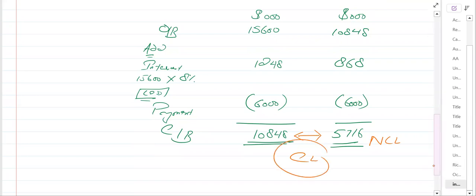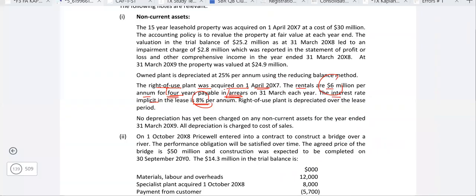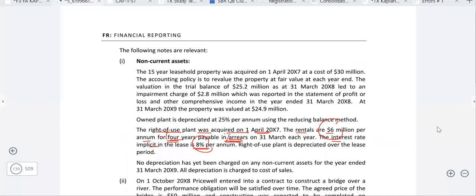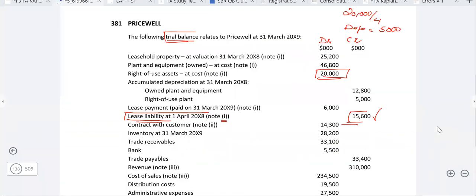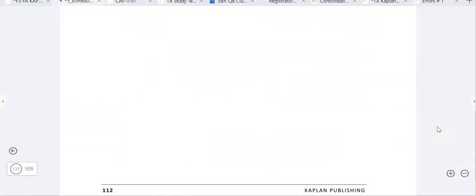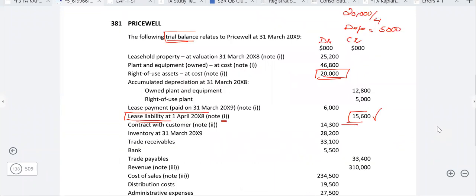And this 1248 is the finance cost in the profit or loss. So this was the Pricewell question from your Kaplan kit. Okay, so we can see other questions as well.